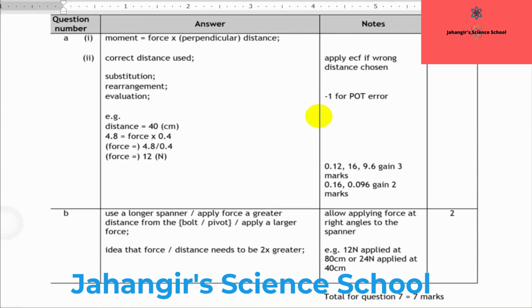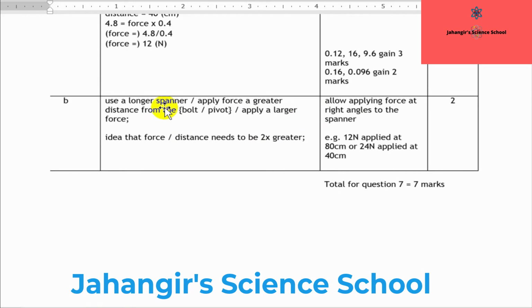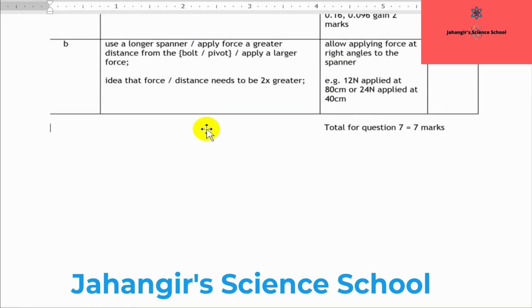So the mechanic can produce a greater moment by using a longer spanner, apply a force at a greater distance from the pivot, or apply a larger force, because we know moment equals force into perpendicular distance.